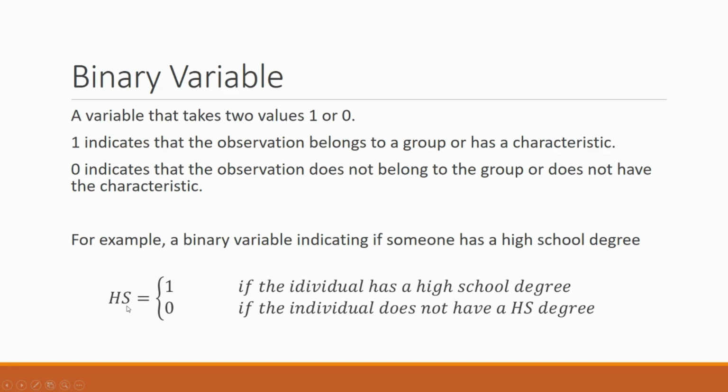If a variable is called high school degree, then I would immediately assume that 1 means that they have a high school degree and 0 means they don't. We've used in the past a gender dummy variable, and we call it female. It equaled 1 if they were female and 0 if they were male. So that's the logic. We give it the name that corresponds to whatever the 1 would be. Okay, so here we go, binary variable, that's kind of review.